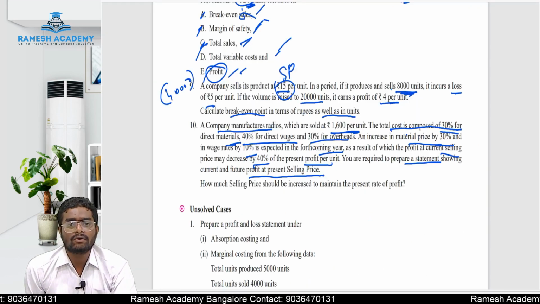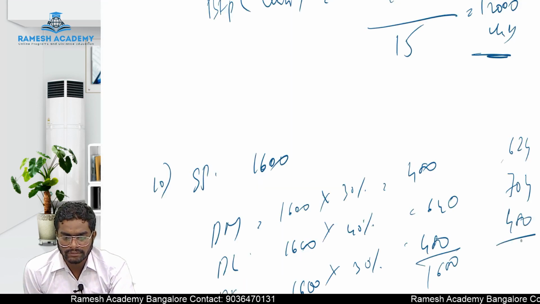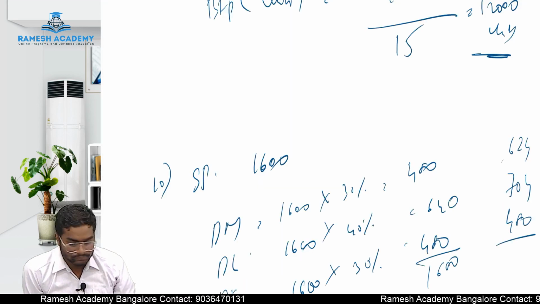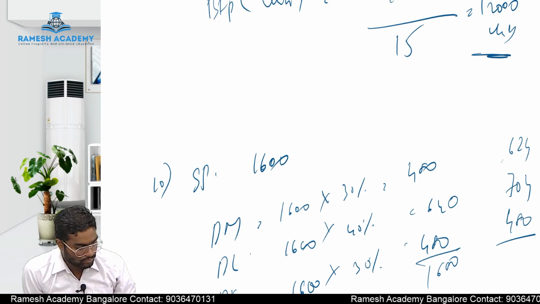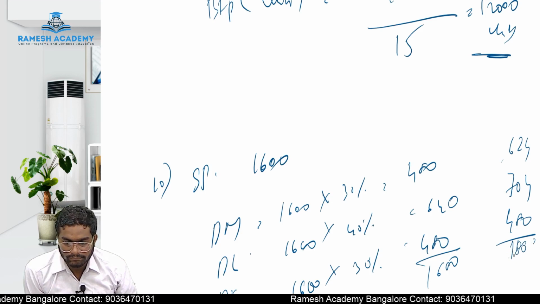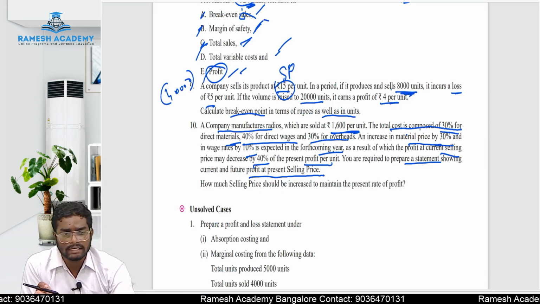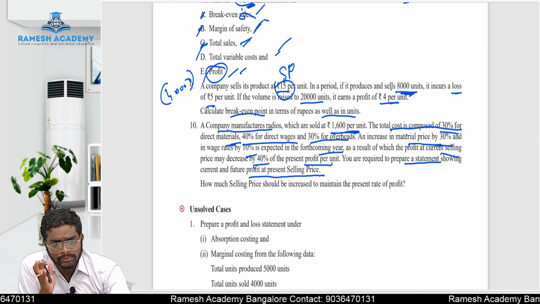And have they told anything about the overhead? Nothing, so I'll just copy it, 480. Just add it up: 624 plus 704 plus 480 means 1808. So what is the change here? 208. So you have to increase the selling price by 208 if you want the same profit, which means 0.